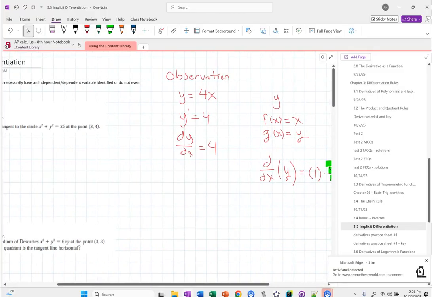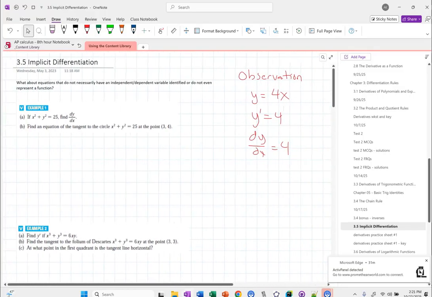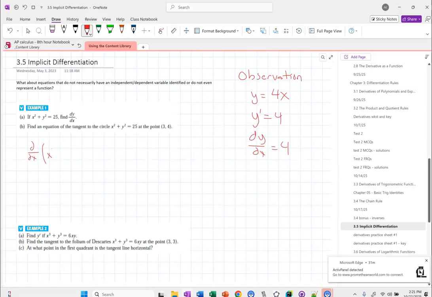Okay, so let's go back to this. We want to find dy/dx. So we'll start by taking the derivative of both sides of our equation. That derivative is going to distribute across to the x squared and the y squared separately.